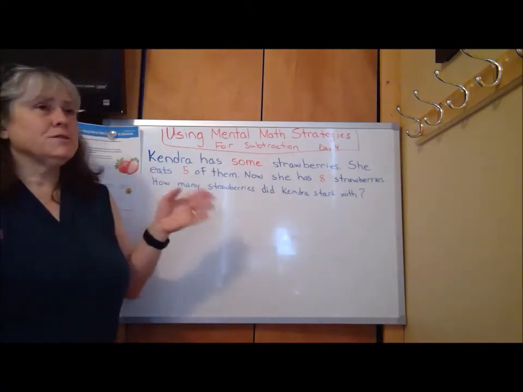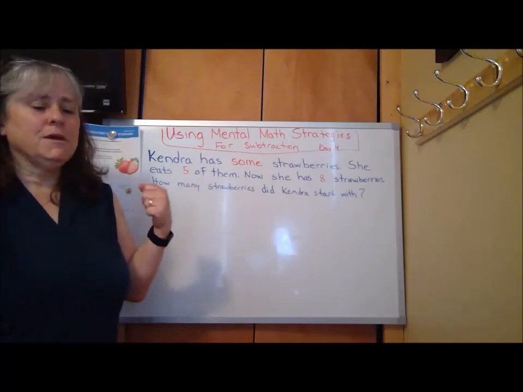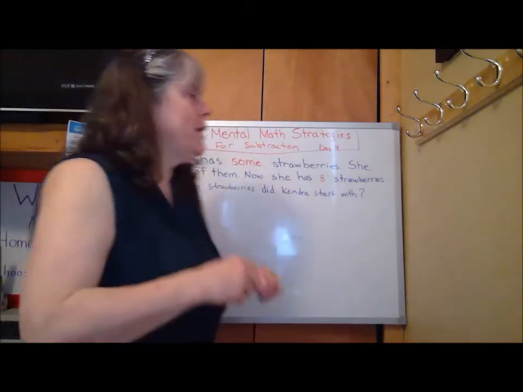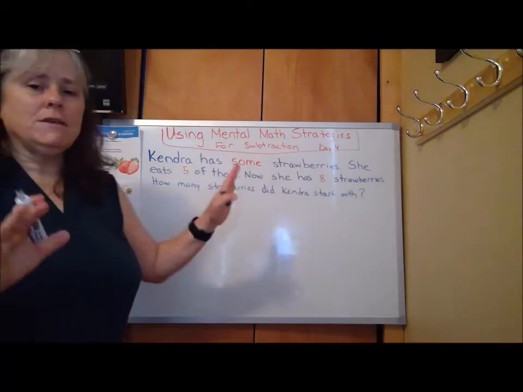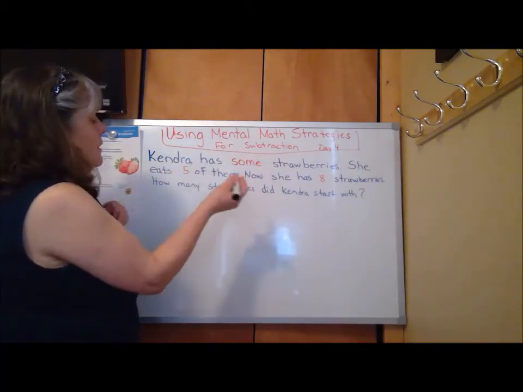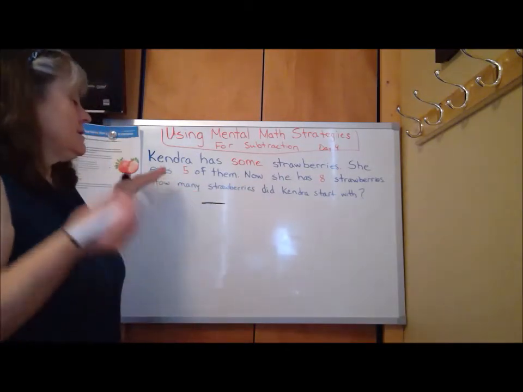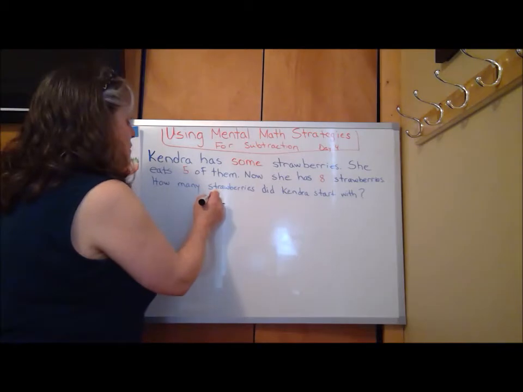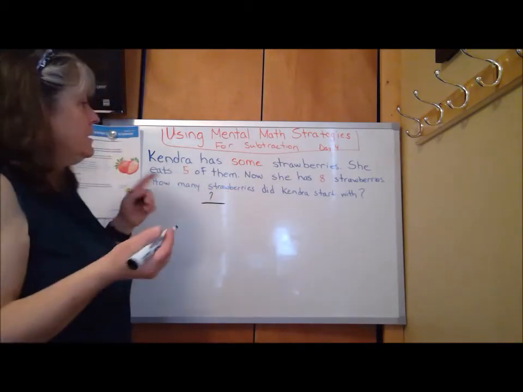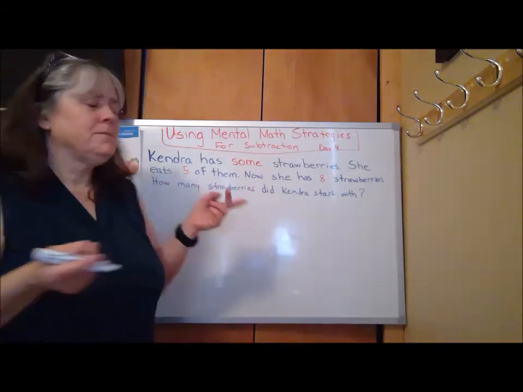So here's my first thing. I can actually do this one in my head because I've been doing this a long time. But I'm going to write an equation based on what we know. I don't know how many we start with, so I'm just going to put a blank line. So Kendra has some strawberries. Question mark. I don't know how many she has. She eats 5 of them, right?